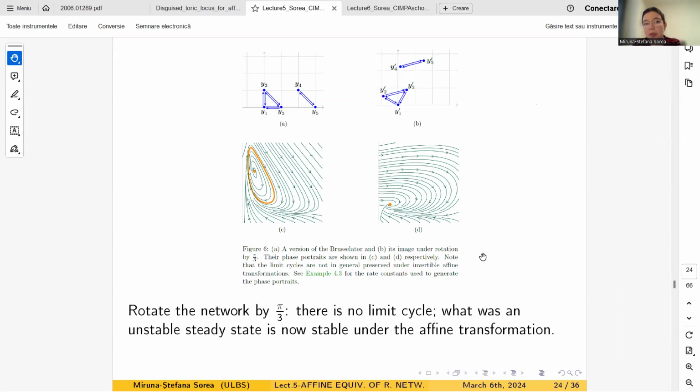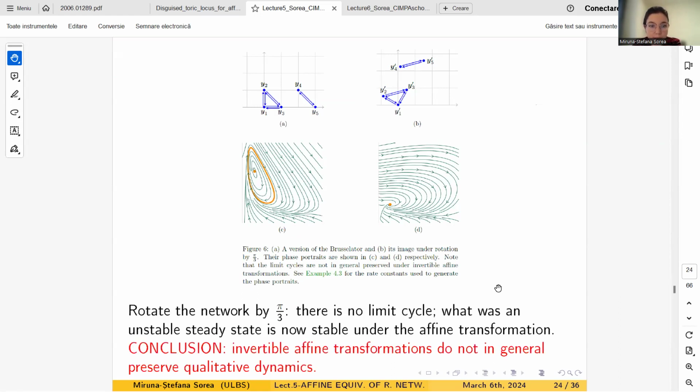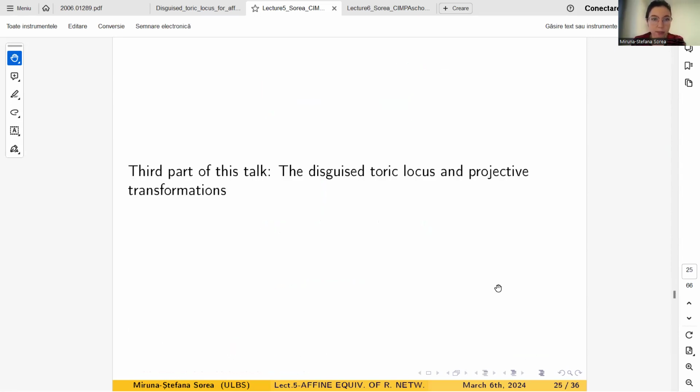So the property concerning local stability might change. So in conclusion, invertible affine transformations do not in general preserve qualitative dynamics, but they preserve what we were interested in, disguised toric loss rate.